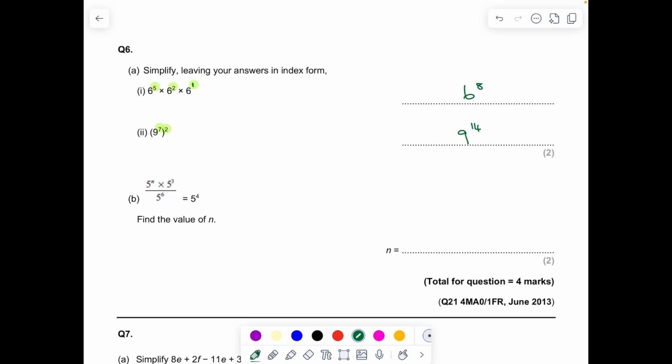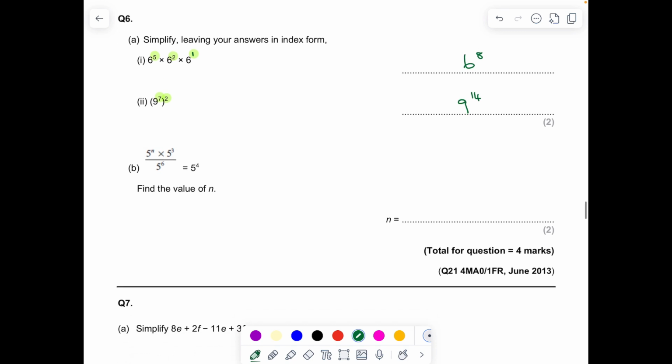Here, it's up to you whether you write an equation or not, but we know that because they're multiplying, we will do n plus 3 and take away 6, because that's dividing. So n plus 3, take away 6, and that should equal the 4. So 3 take away 6 is minus 3, equals 4.